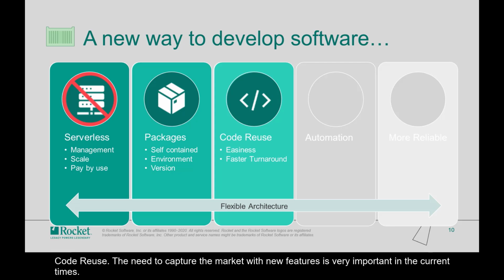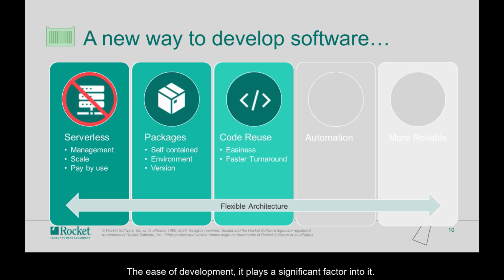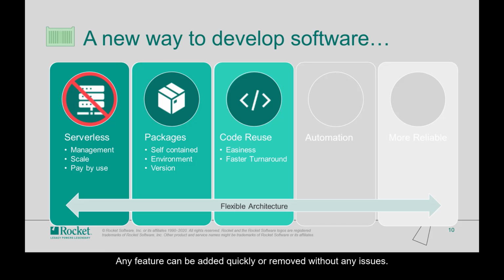The need to capture the market with a new feature is very important in current times. The ease of development plays a significant factor in it, and I think containerization brings that into play. One can develop new business functions. Any features can be added quickly or removed without any issues.